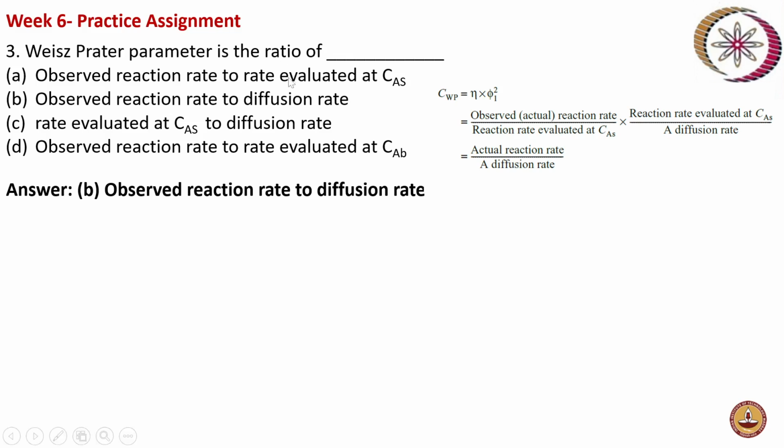So the denominator in the first term and the numerator in the second term get cancelled. So you will get your Weiss parameter to be equal to actual reaction rate to the diffusion rate.